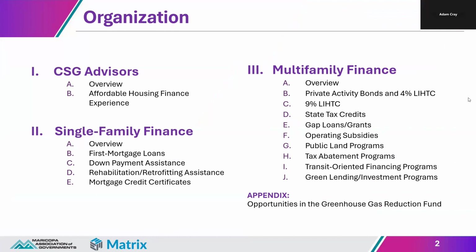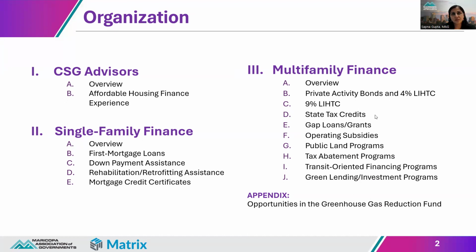Yeah, so I think a lot of these programs are still relevant for very small projects. If we're going to assume away 4% and 9% light tech and state credits, gap lending programs that cities put together with cash, with CDBG and home funds, with those public finance mechanisms I mentioned, all work well for very small projects.